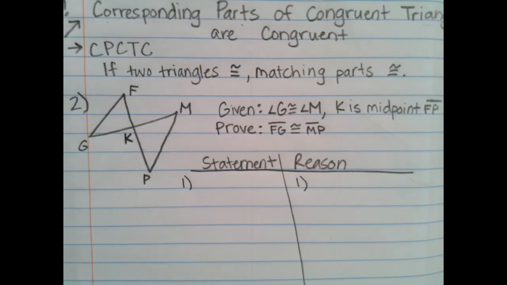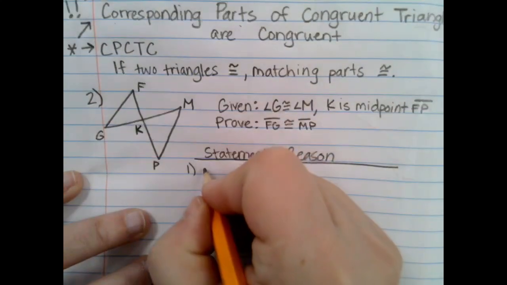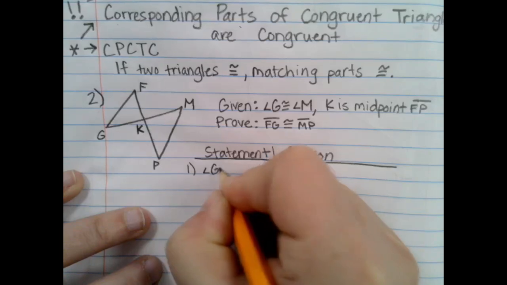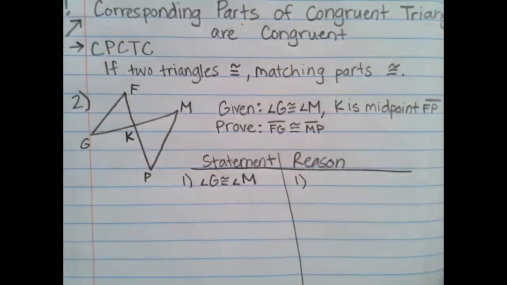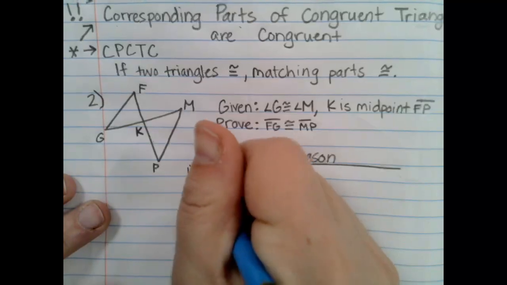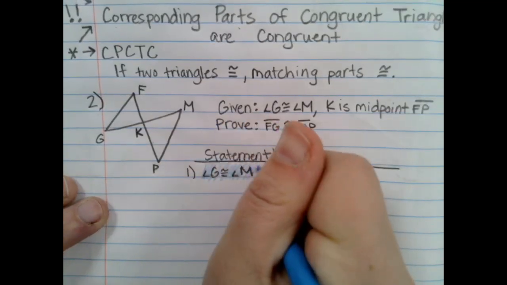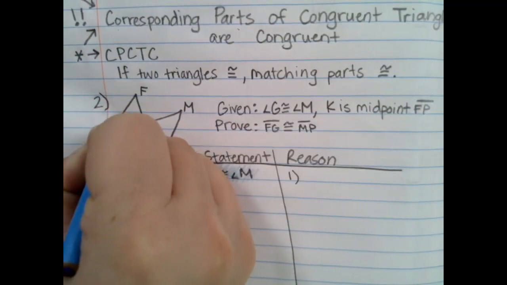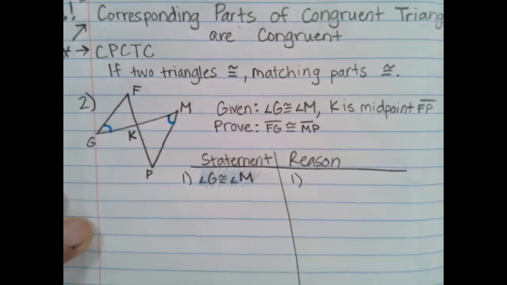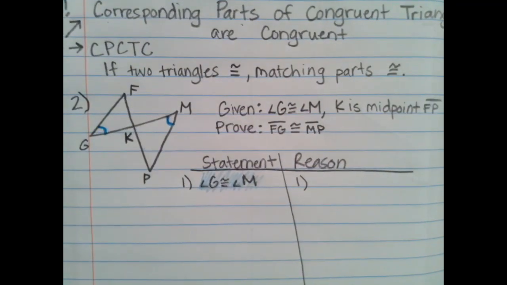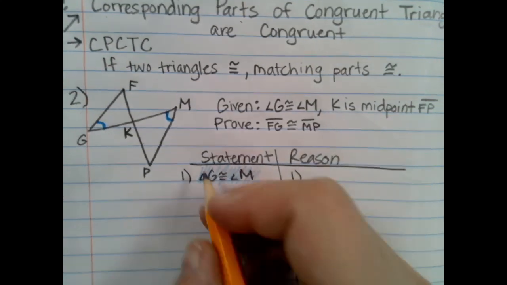There we go. All right, so for our first statement, we have our given: angle G is congruent to angle M. And then we also know that K is the midpoint.